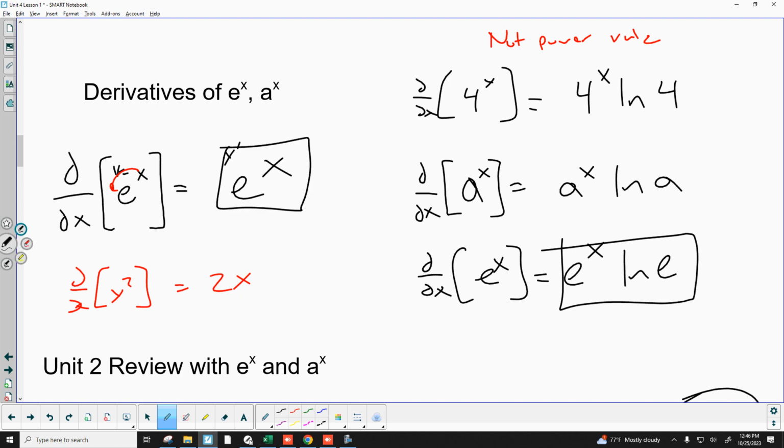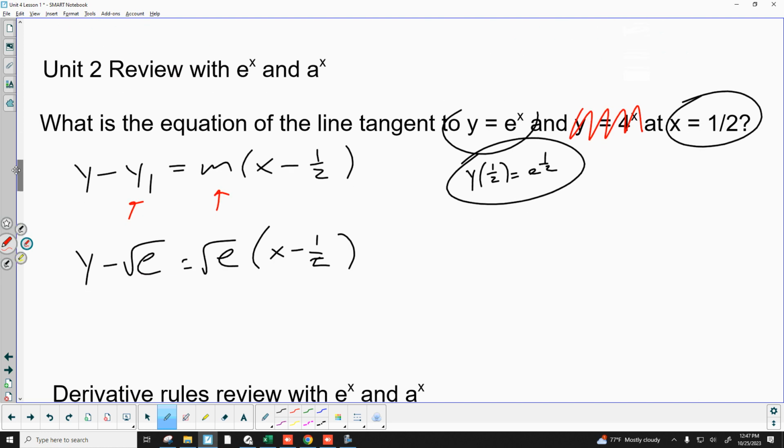Yes, no? Maybe so. No is the answer because the natural log of e is just 1, so that goes away. So e to the x log e is really the same as e to the x, so we don't need it. Great question. We'll see that a little bit later. Okay? Okay.